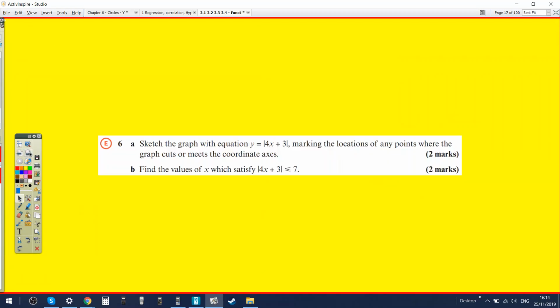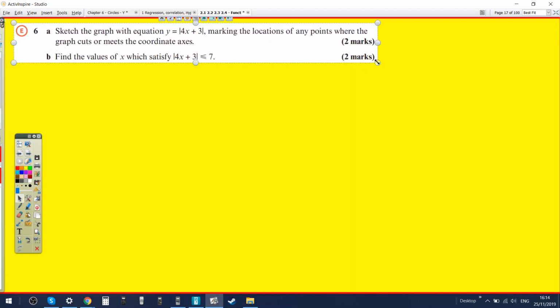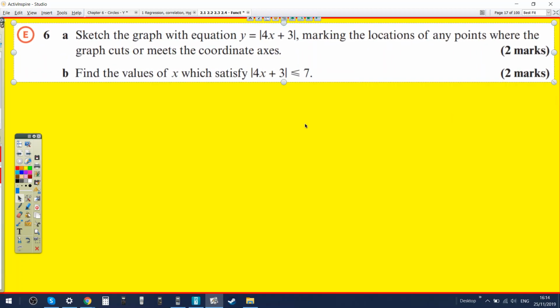No. Okay, so exam questions. Let's see, sketch this graph. Okay, let's try these.